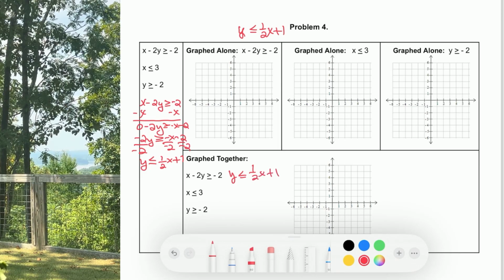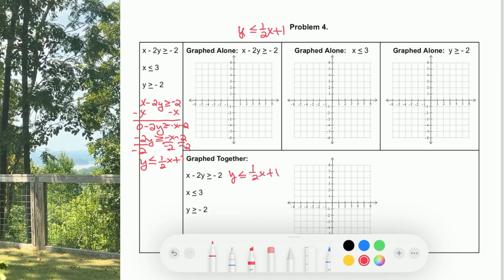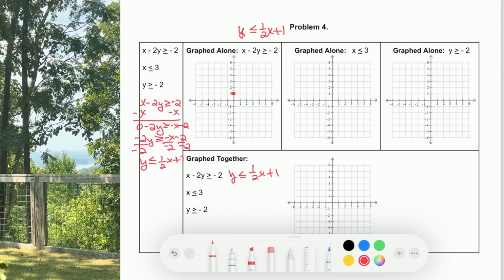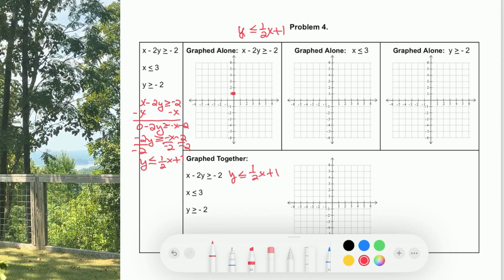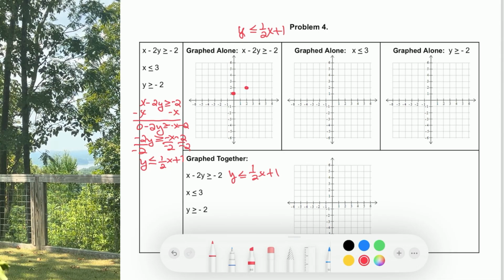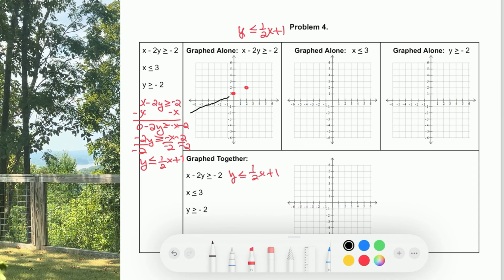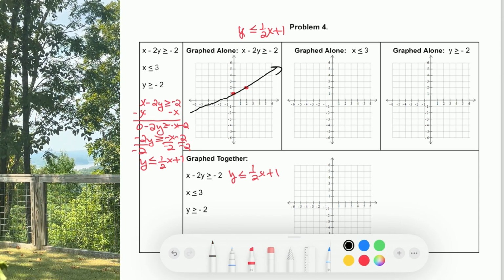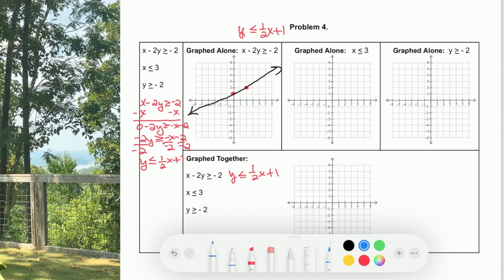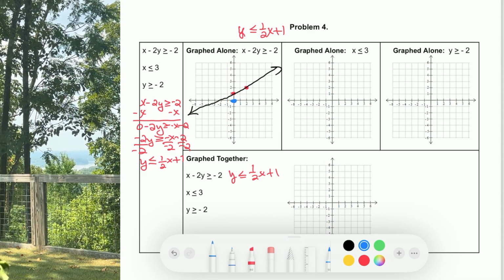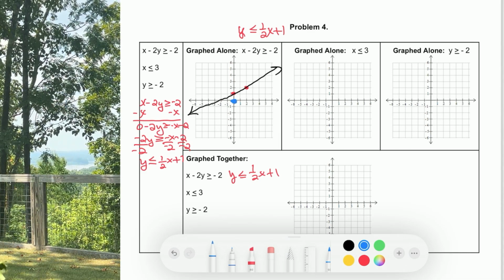All right, so let's go ahead and graph this one. We start at +1 here. Use our slope to find our second one, so that's up 1 over 2. We have the or equal to, so it's going to be a solid line. I can use my origin, since it's not a part of the line, to find where my shading goes.